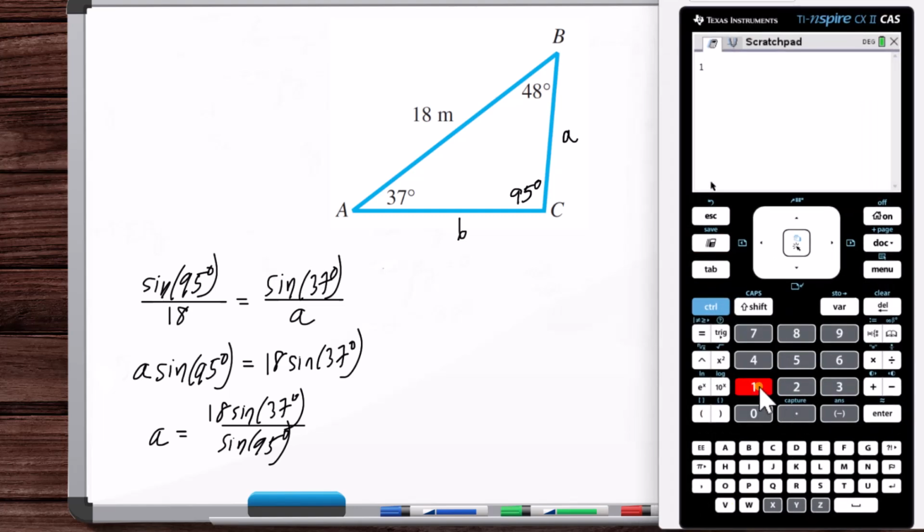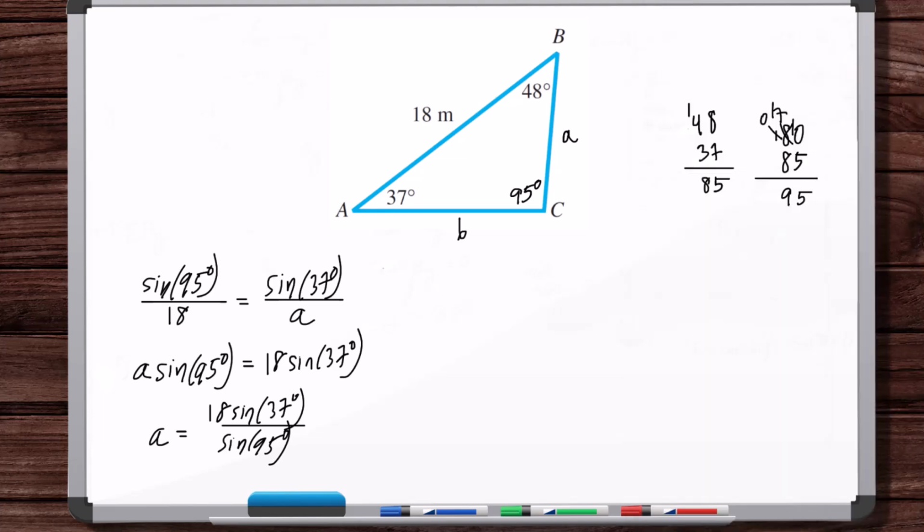So we'll use our calculator for this. We're in degree mode. Okay, that's 10.9 in meters.